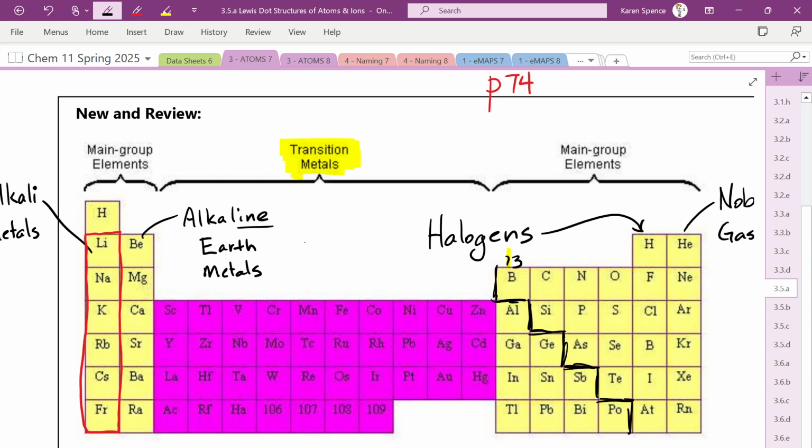Transition metals, Lewis structure, no. Lewis, yes. Lewis, yes. Lewis, no. Lewis, yes. Lewis, no. Lewis, yes.